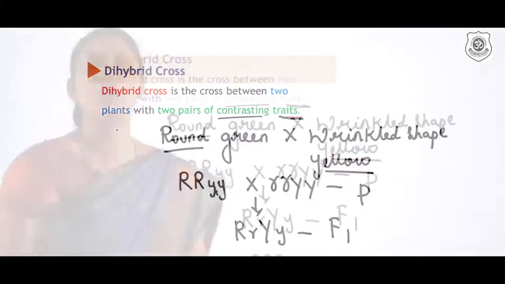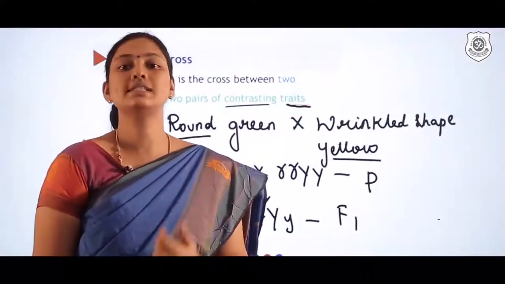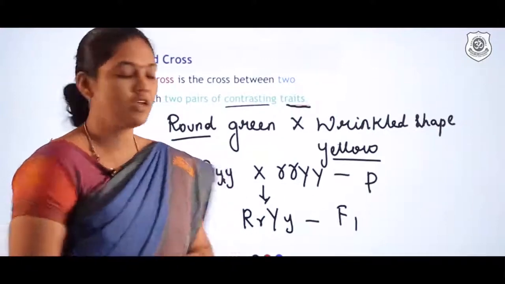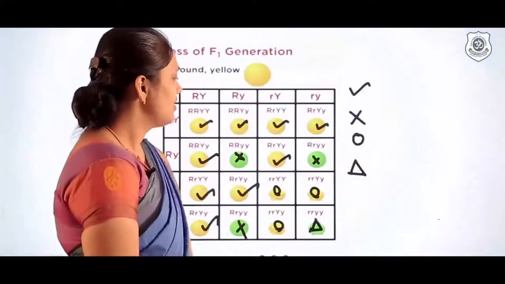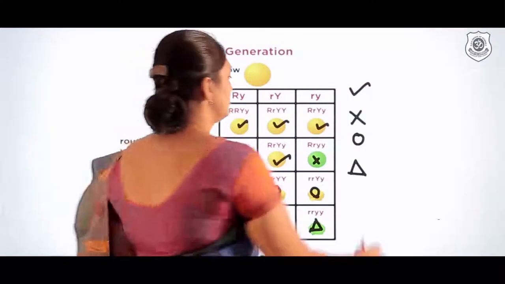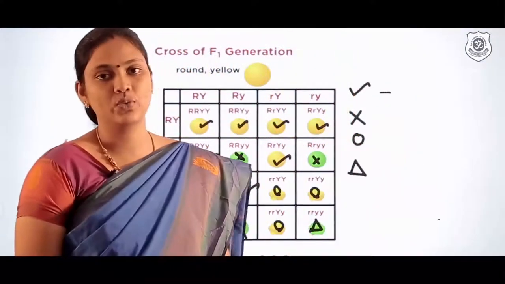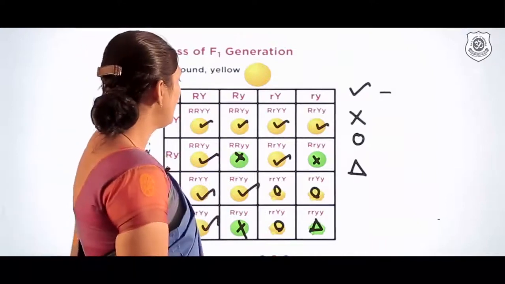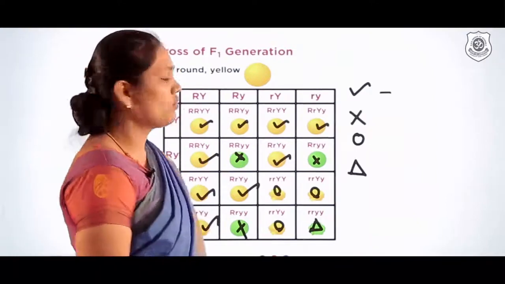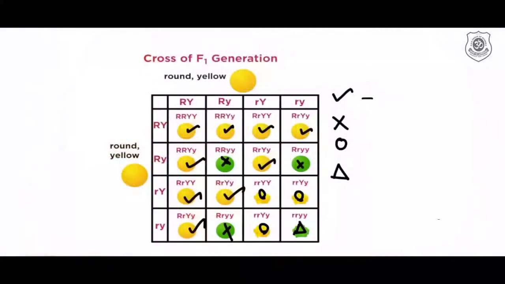What we are supposed to do now is execute the self-pollination of F1 offsprings. This tick mark denotes the most dominant offsprings over here. Could you just find out which are the offsprings which fall in the round yellow category, children? How many of them? Yes, 9.